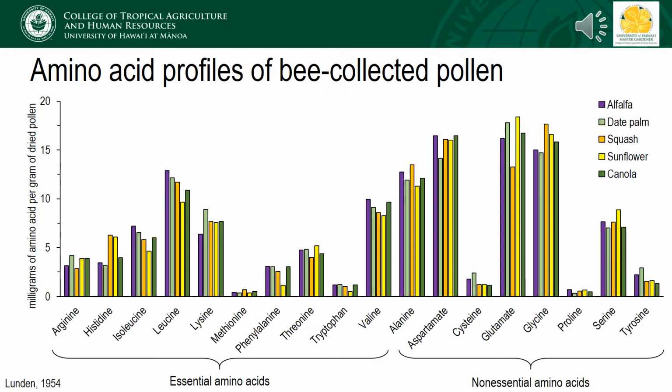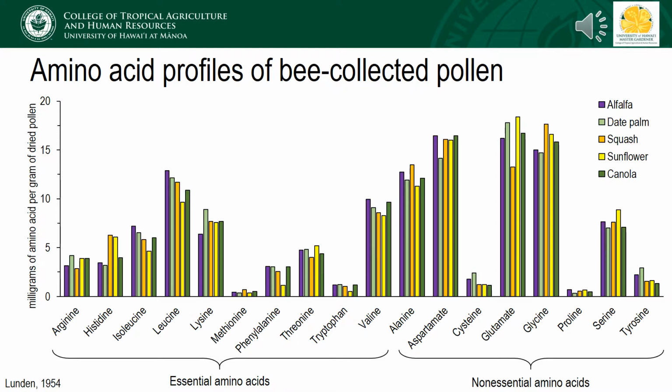Honeybees are generalist foragers and rely upon a diversity of floral resources in the environment to meet their nutritional needs, as opposed to some solitary bees, which are pollen specialists. For these 5 plant species, you can see there are differences in the concentrations of essential and non-essential amino acids.